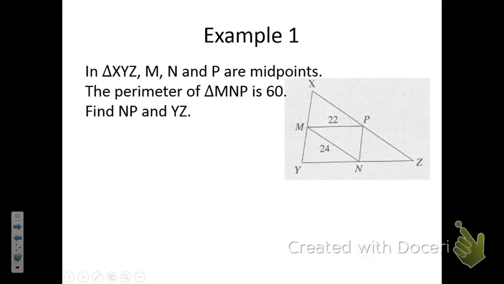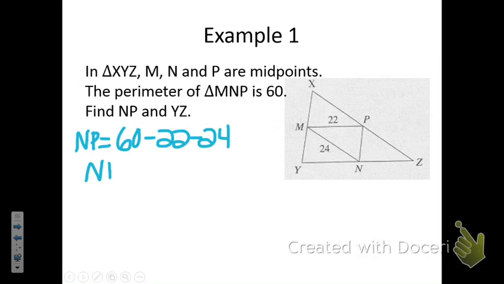Add them together. And good. Add them together, subtract it from 60, or you can subtract each one from 60. So NP is going to be equal to 60 minus 22 minus 24. So what is NP going to be? 14.